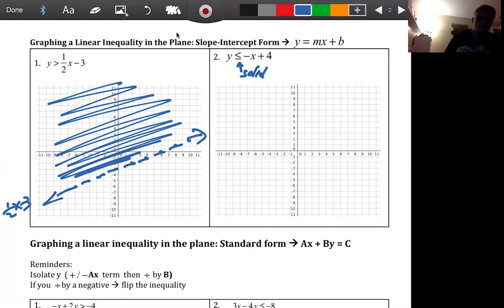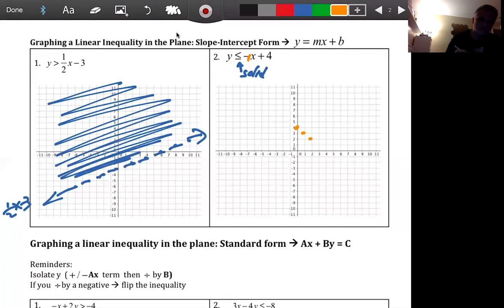We're going to start with, let's go different color here. I'm going to start with my y-intercept, +4. So go to the y-axis, put a dot on +4. My slope is -1. So I'm going to rise -1 and run 1. That's going to put one dot right here.